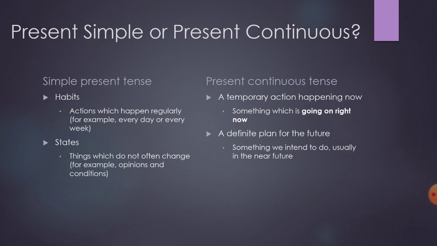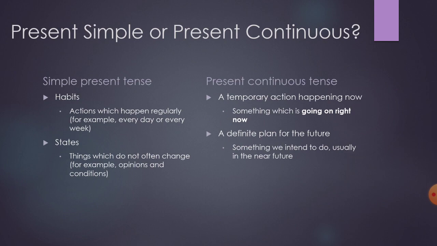For the simple present tense, as I've stated earlier in the introduction part, it is used for habits, which are actions that happen regularly, for example, every day or every week, and states, things which do not often change. For example, that I've given earlier is a fact: the sun sets in the west and water boils at 100 degrees Celsius.